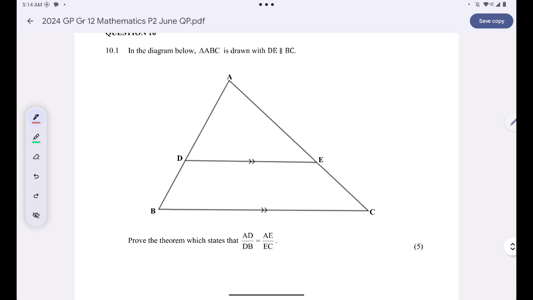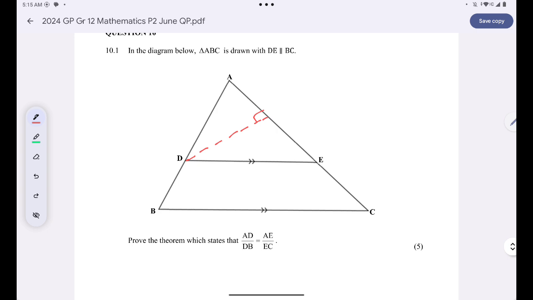Are you together? The first thing you need to do whenever you prove this theorem is to construct the height of a triangle. And that height has to be perpendicular to one side of a triangle.